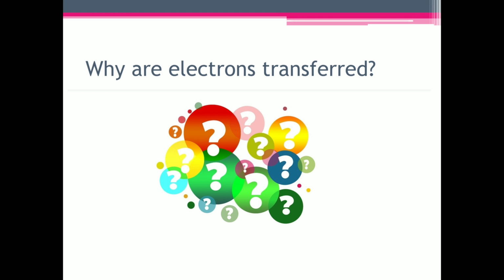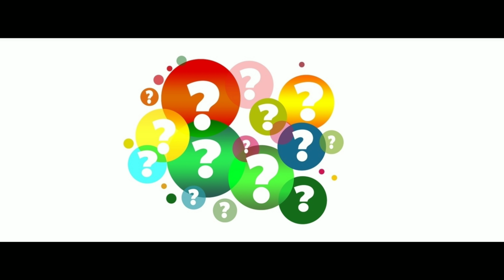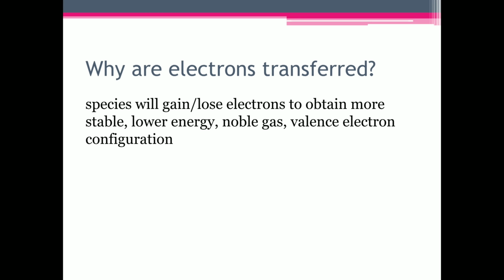Do you remember why electrons are transferred? Species tend to gain or lose electrons in a quest to obtain more stable, lower energy, noble gas valence electron configuration.